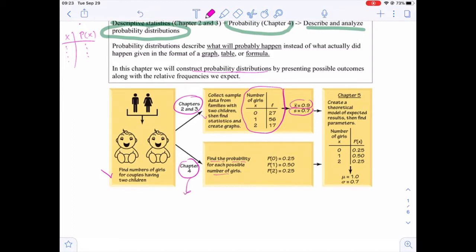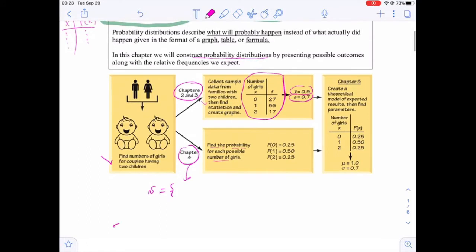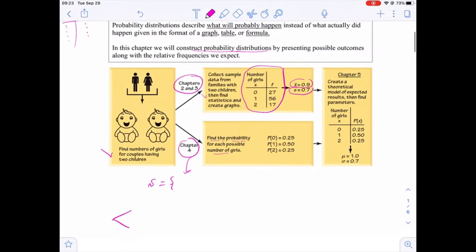In order to find probability, we first find the sample space. What is the sample space of this experiment? We have 2 children, and they can be either boy or girl, the first one and the second one. If the first one is a boy, the second one can be a boy or a girl. If the first one is a girl, then the second one can be a boy or a girl.